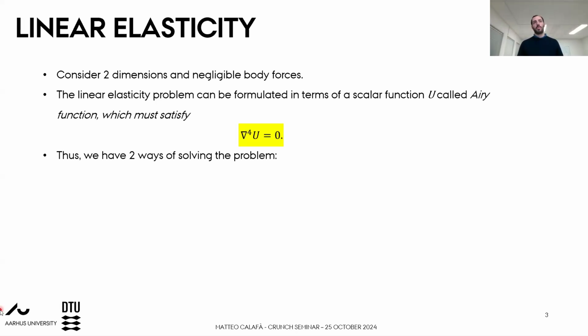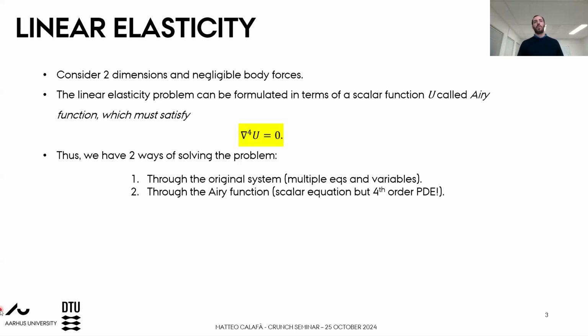So as you can imagine, we have essentially two ways of solving the problem. Through the original system, which, as I mentioned, is still a linear system, but it involves multiple equations and multiple variables. Or it can be more convenient sometimes to solve the formulation in terms of a scalar function. In this case, the equation is just one, a scalar equation, but one achieves the fourth order for the PDE.